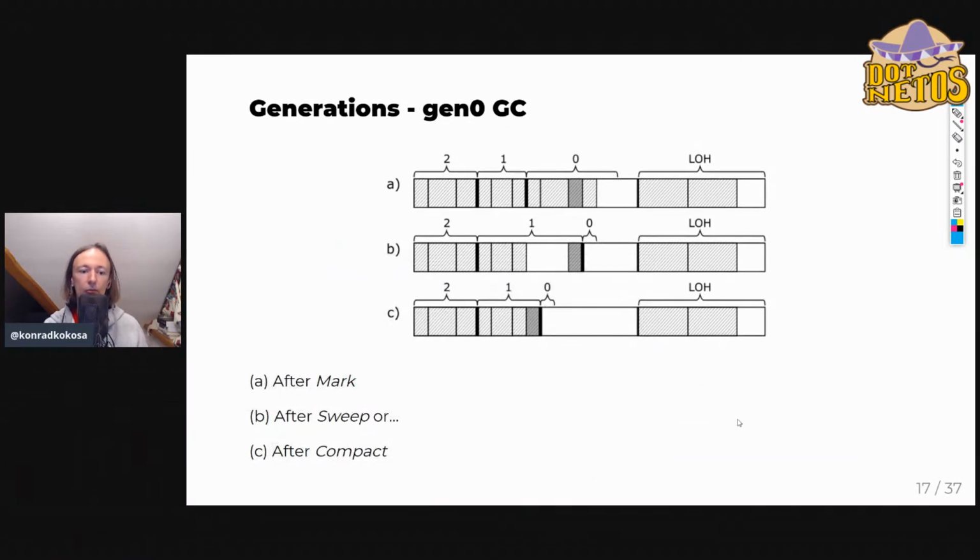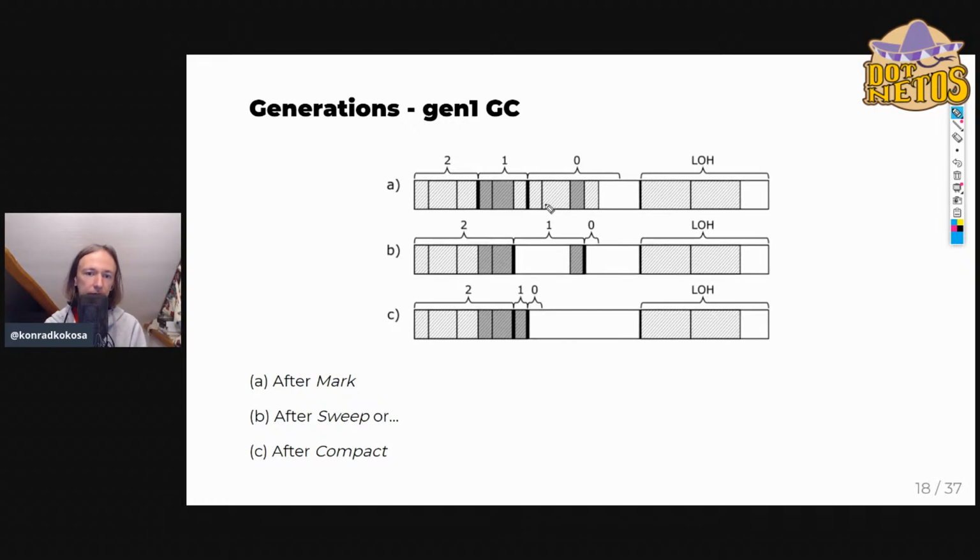Okay, so this is a Gen 0 GC, the pretty fast one. If Gen 0 is not big, it will be pretty fast. As you see, we promoted things to Gen 1. Obviously, Gen 1 will grow while we are doing Gen 0 GCs, because we are promoting things from Gen 0 to Gen 1.